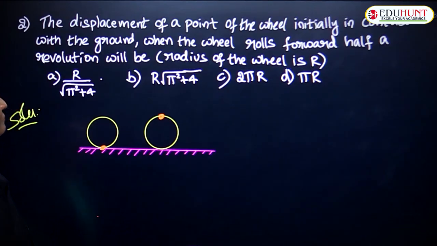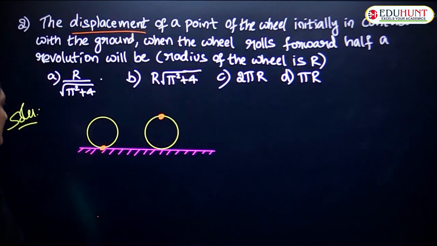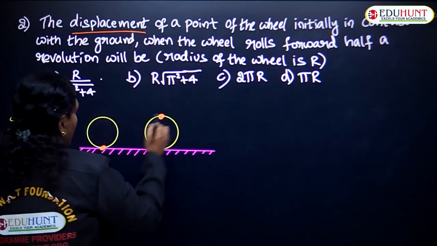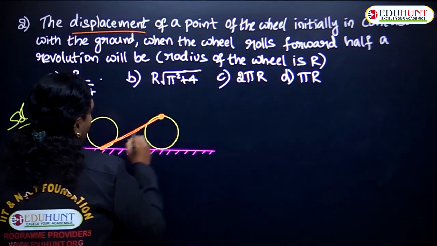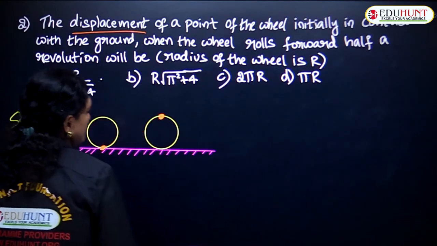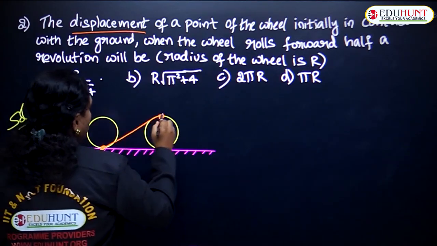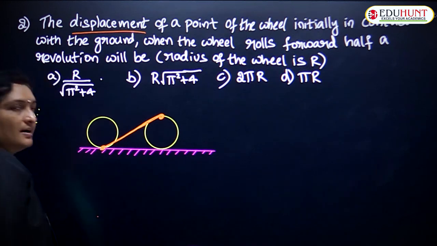Then what are you asked to find out? The displacement of that point of contact. Displacement means what I told children: the line joining the initial point to the final point is defined as displacement.